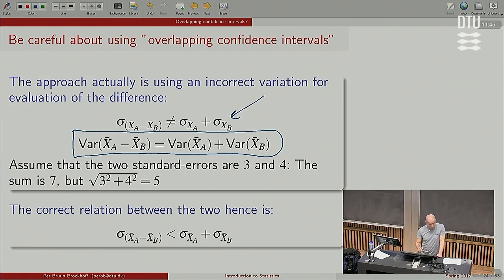Just to make it very explicit, let us assume that the two standard errors are actually 3 and 4. Then the sum of these two is 7, but the real standard deviation is 5 due to the rule. The additivity goes on the squared scale. It's a bit like Pythagoras in Danish.